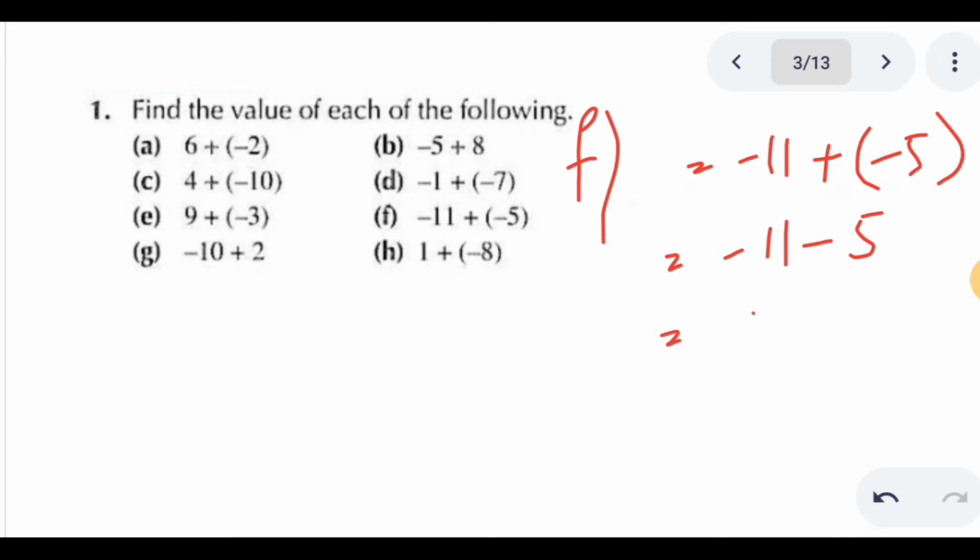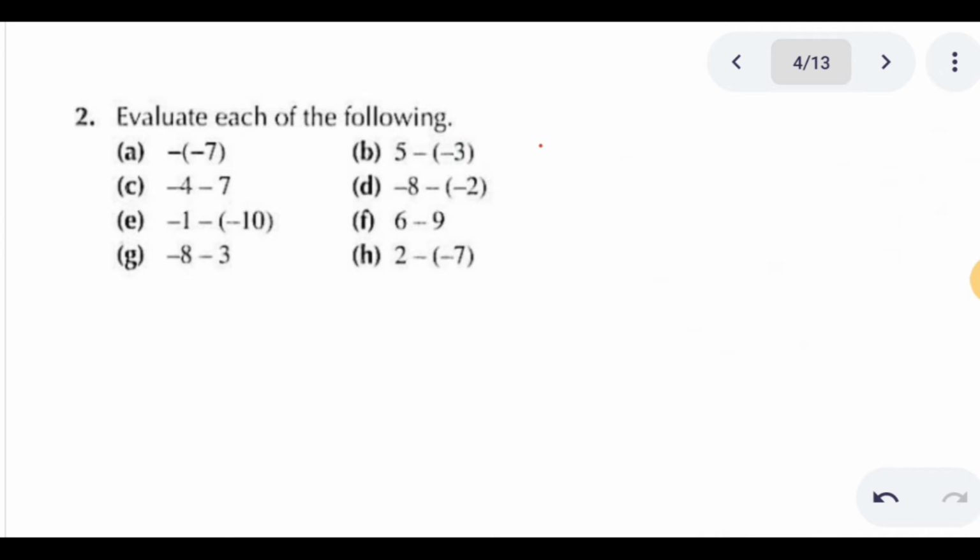Now minus minus is plus, so we will add these two numbers and the answer is 16, and the sign with this 16 is minus because the bigger number is 11 and 11 has a minus sign. So this is how we solve these questions in which we have two numbers and we have to decide to add or subtract them by the rules.